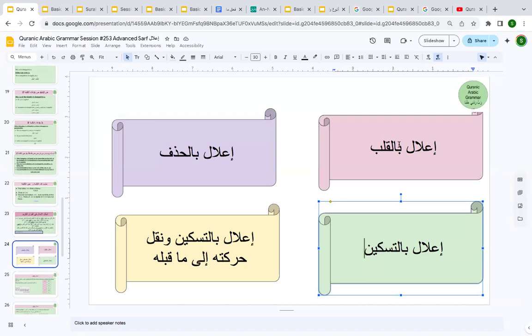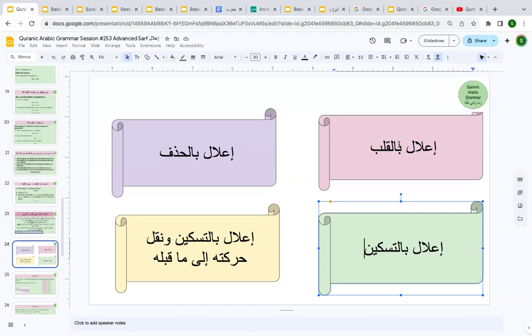I'lal can be bil qalb, I'lal can be bil hasf. What is the meaning of hasf? You have seen that term very many times when you were learning your nahu: something that gets dropped. Very good job, Shaheen. Omission, dropping of a letter. When the weak letter gets dropped, when a weak letter is omitted, that is going to be إعلال بالحذف.